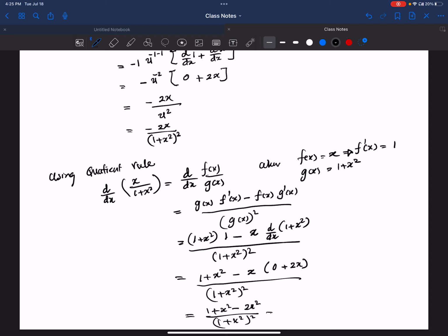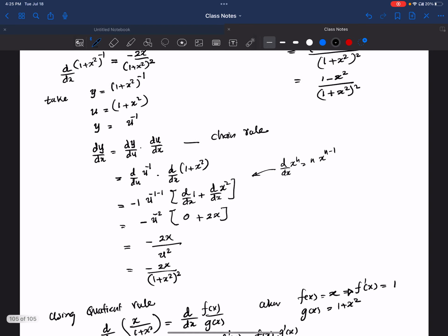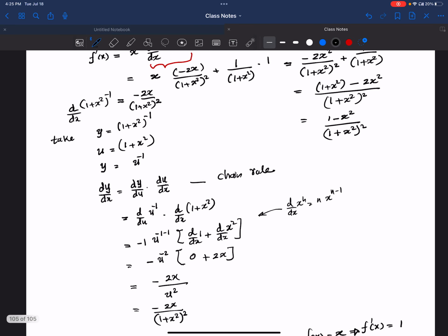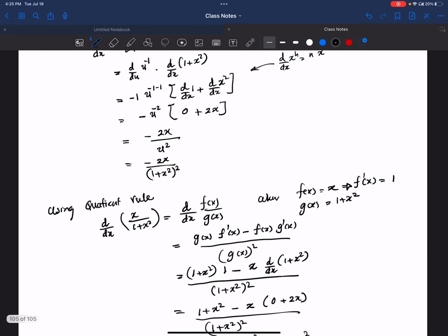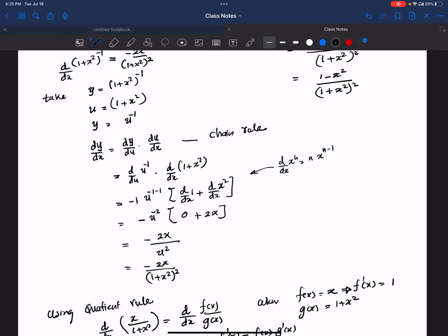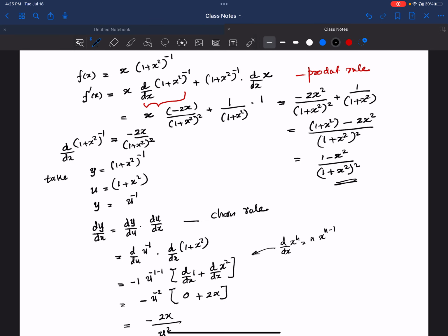So we have 1 minus x squared divided by 1 plus x squared squared. Same answer. If you remember this equation very well, you can follow that, or you can remember the chain rule and product rule, apply them, and get the same answer. In both cases, you get the same answer.